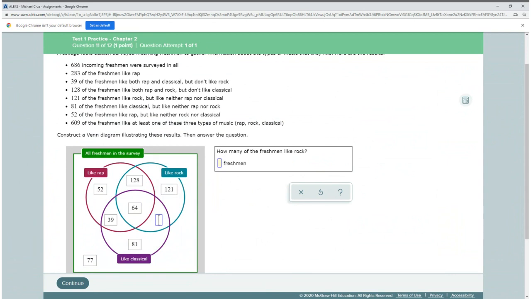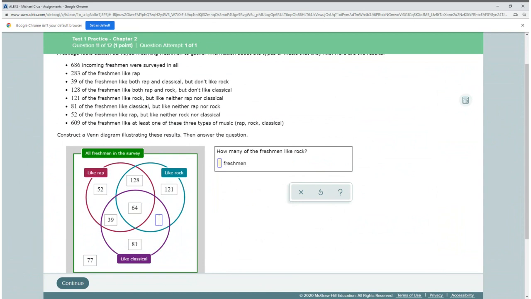So 81, 39, 64, 21. And as I said, we subtract from 609. And there we got it. We got it finished.